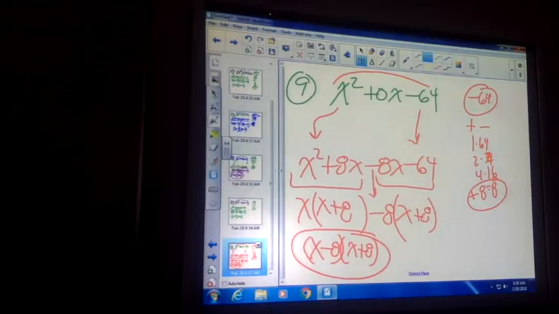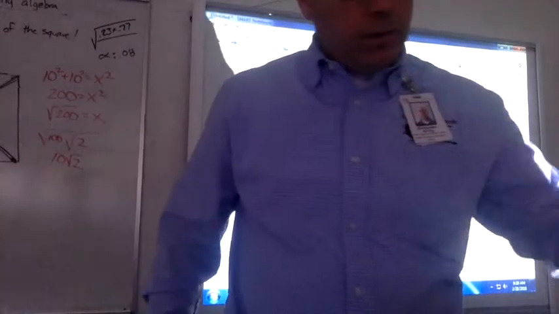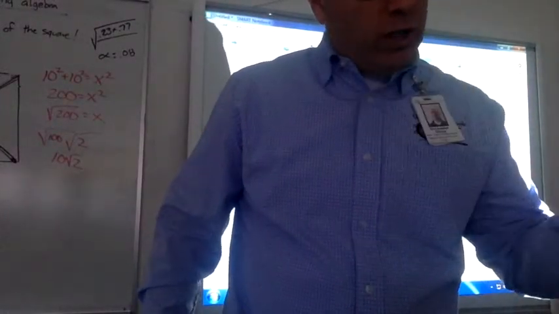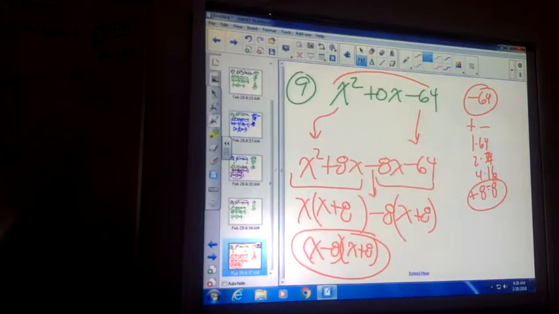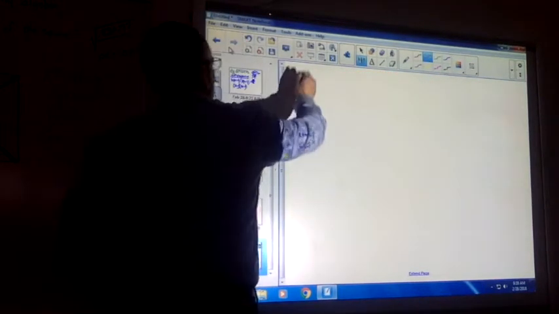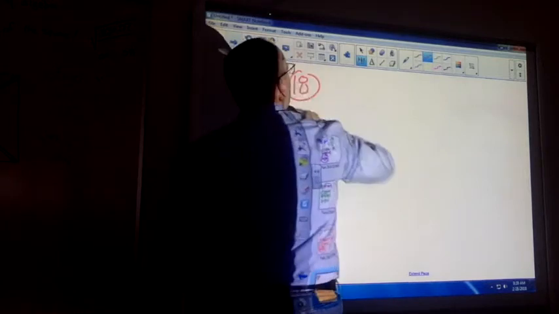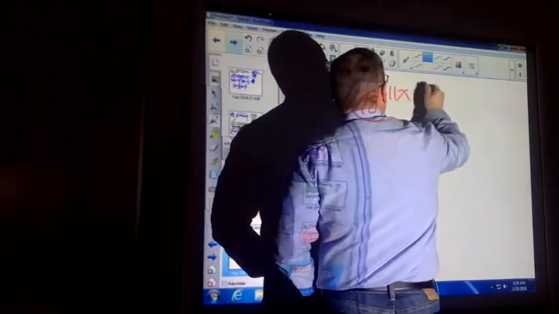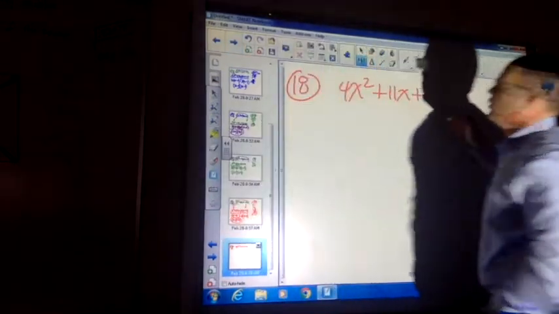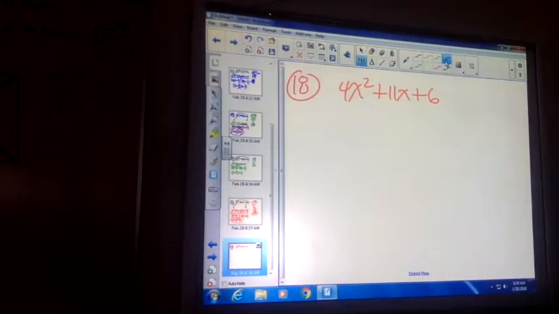Are we ready to move to the second page? Let's take a look. Any questions on 16, 17, 18? Someone read me what number 18 says, please. 4x squared plus 11x plus 6. So no greatest common factor, agreed?